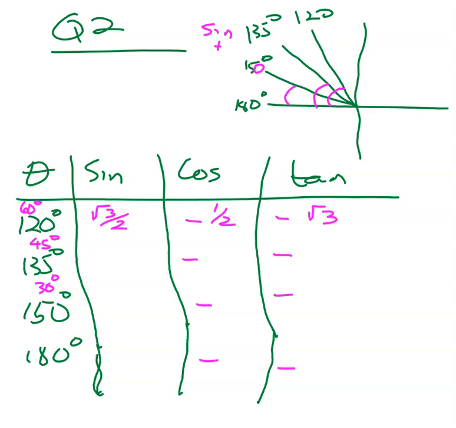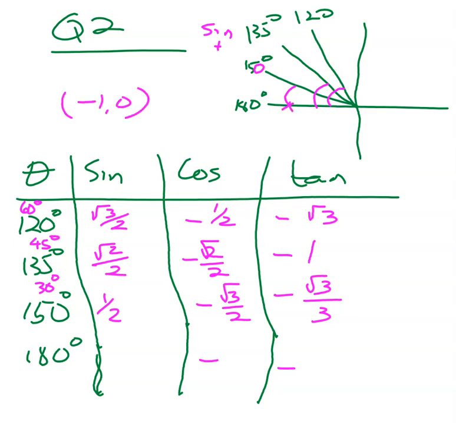Tan is root 3. 45, root 2 over 2, root 2 over 2 and 1. 30 degrees is 1/2, root 3 over 2, root 3 over 3. 180, important here is going to be -1, 0. So this is going to be 0, -1, and then, of course, there's no sign here, so this is going to be 0.